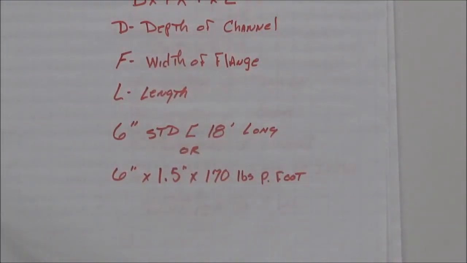All right, now ladies and gentlemen, I want you to pay very close attention here. This is extremely important. When you order a piece of channel iron from the steel supplier, whoever it is you talk to on the other end, man, woman, lady, or gentleman, machine, you're going to want to tell them exactly what you want. Now, most of the time, we can order it as this.